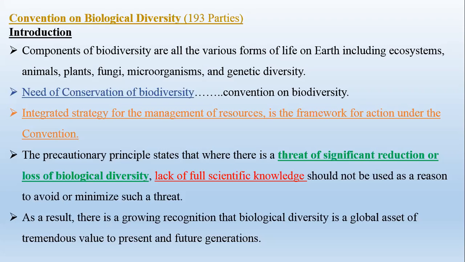Okay, so basically, precautionary principles are there in which there is a threat of significant reduction or loss of biological diversity. Here, a lack of full scientific knowledge is one of the threats to biodiversity.